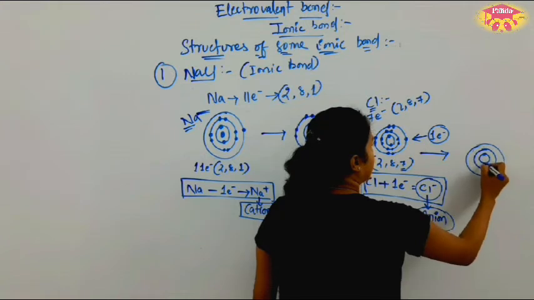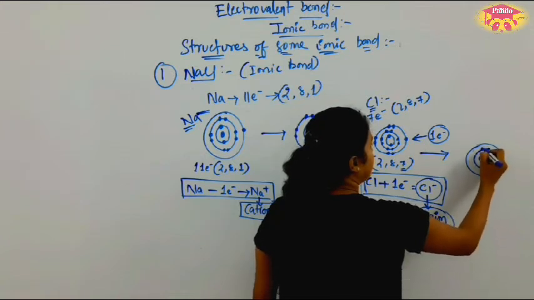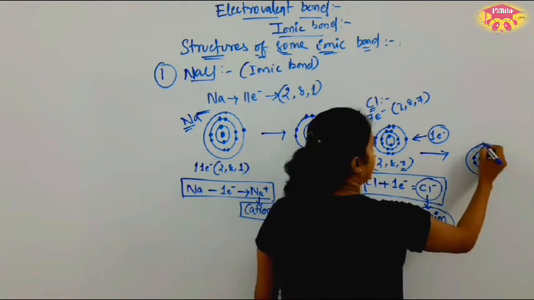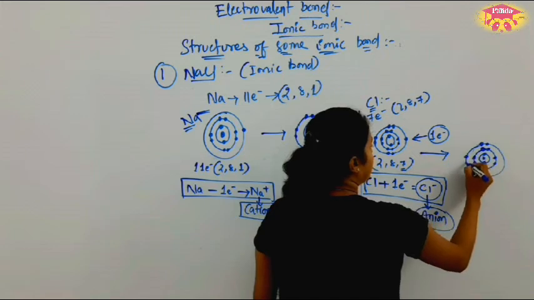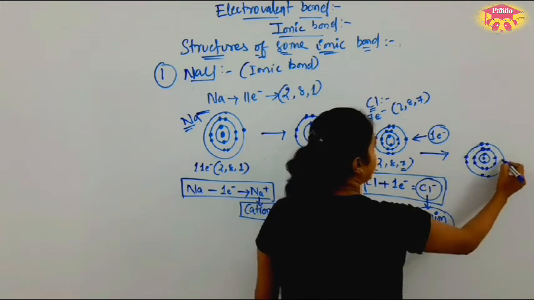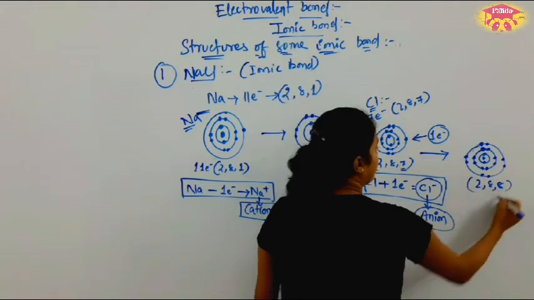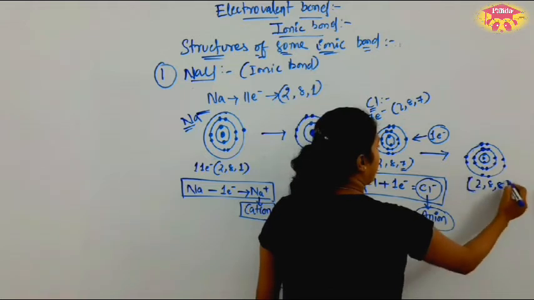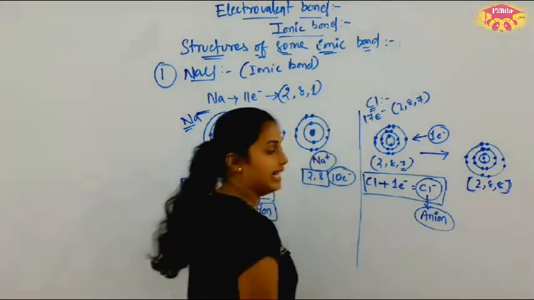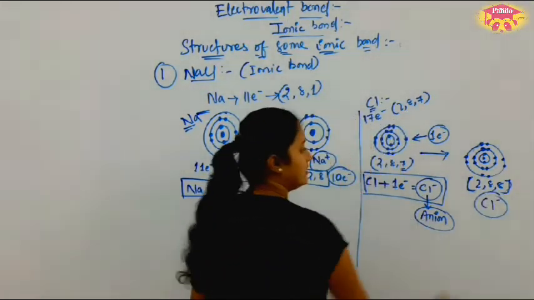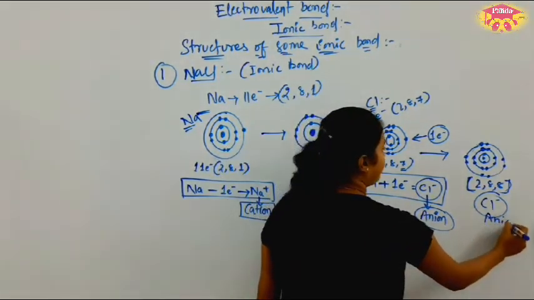We know that anions are a little bit bigger in size than the parent atom, right students? Now this ion possesses 2, 8, 8 electrons. Okay, now this is the chloride ion or anion.